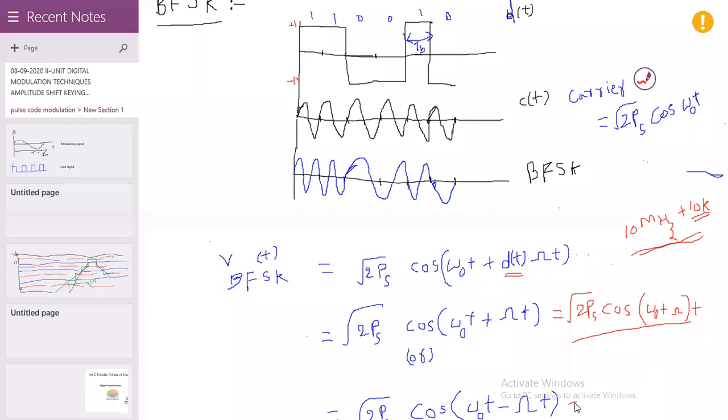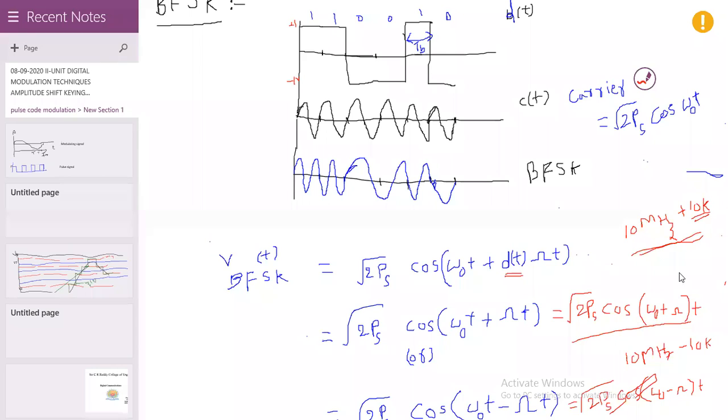Again here, if d of t is minus 1 volt, that equation is root of PS cos of omega naught minus omega t. That means, according to the example, 10 megahertz minus 10 kilohertz.